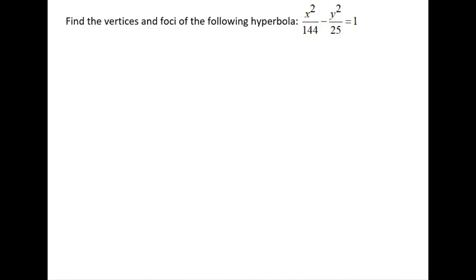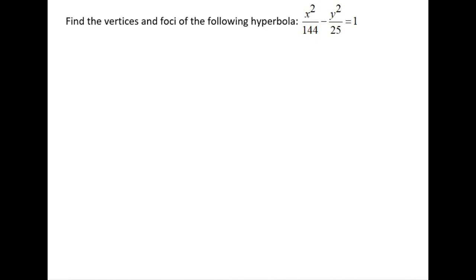Okay. So we know that with these conic sections, there's an a term, there's a b term, and there's a c term. So for a hyperbola, how do you know which one is which? This is something you're going to have to remember. In a hyperbola, the coefficient of x squared is positive, so the term underneath that is always a squared.